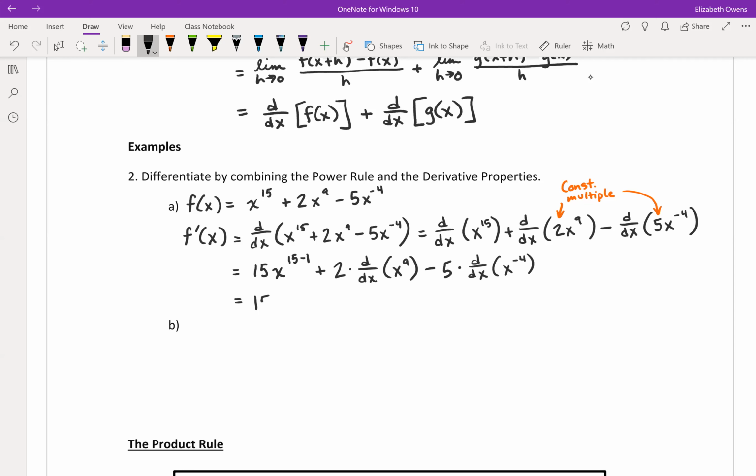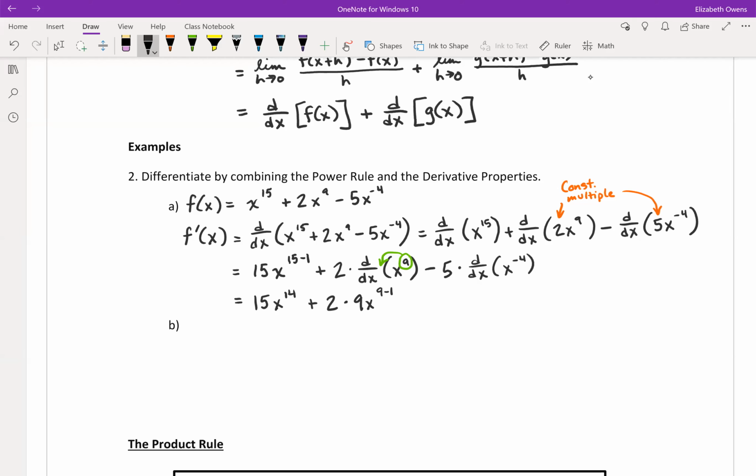So here we have 15x to the 14th power, and then we'll have 2, and the derivative of x to the 9th, now we can just use the power rule on that. So we're going to take our 9, bring it out front as a coefficient. Okay, 9x to the 9 minus 1 power.